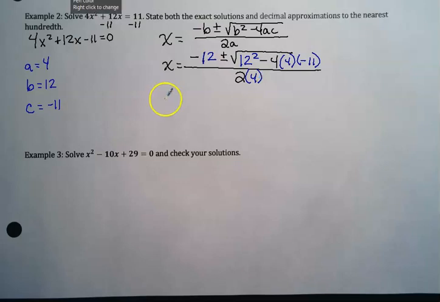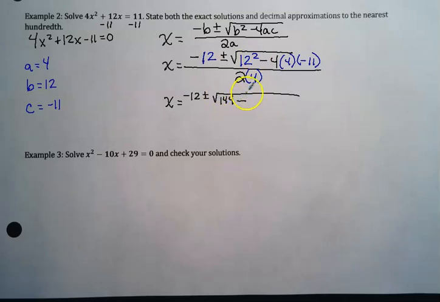So we're going to have x is equal to negative 12 plus or minus the square root of 12 squared is 144 minus, okay, so, or actually we might not put that yet, negative 4 times 4 is negative 16. Negative 16 times negative 11 is a positive 176.